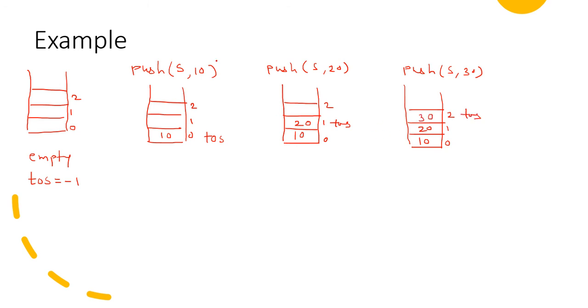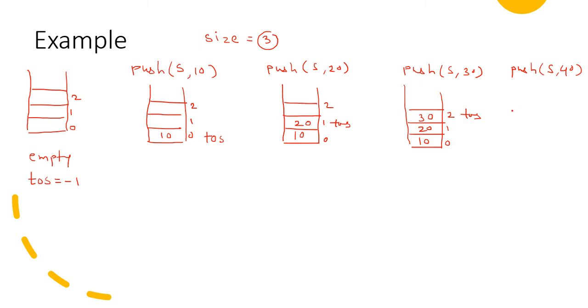Now let us consider the size of this stack as 3. That means at maximum I can insert 3 elements onto the stack. So if I insert the value 40, since the value of top is 2, that means three elements are already inserted.